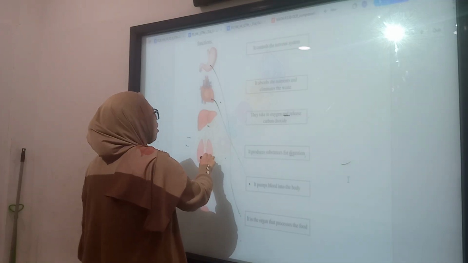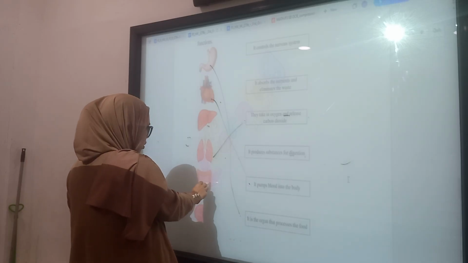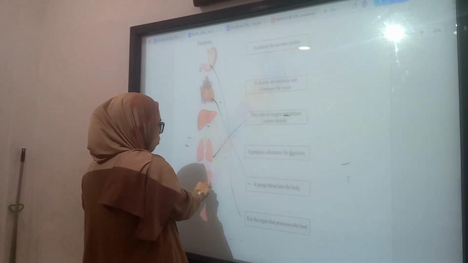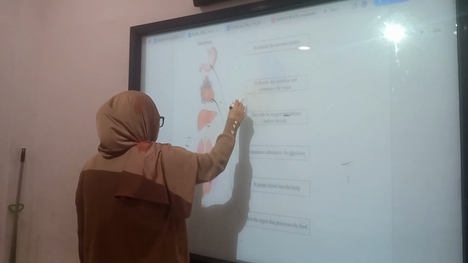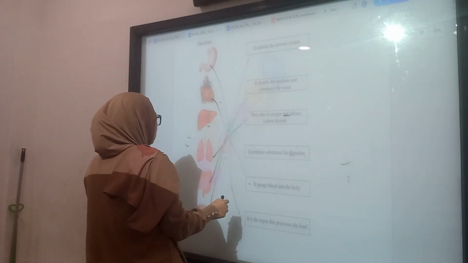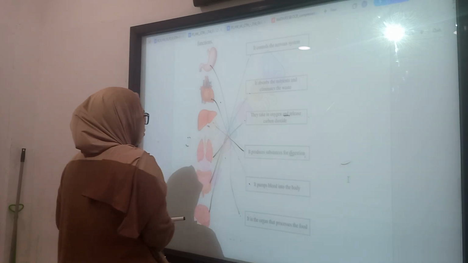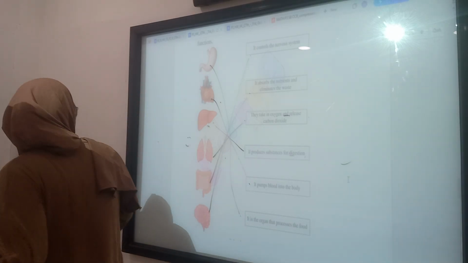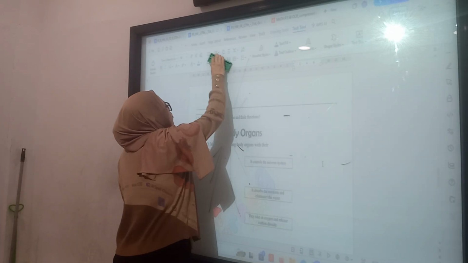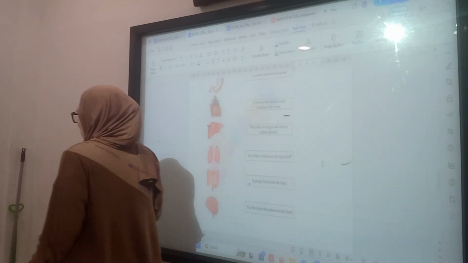This is lungs to control this, and then this is the organ that produces the food. This controls the nervous system. That is right. Which one? That's one. Or this? It produces substance for digestion. Yeah, okay, I think it's clear for this homework.